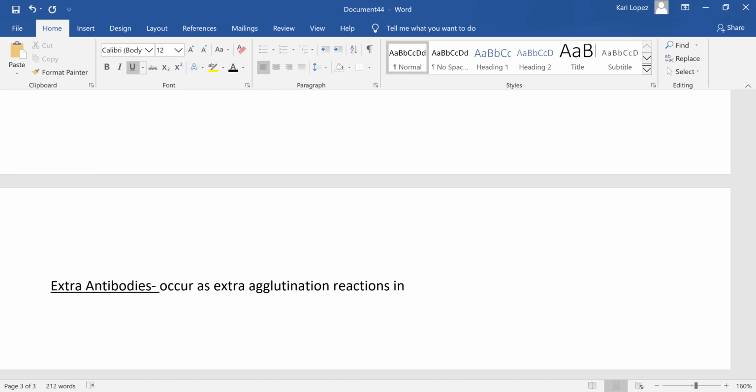Reverse, if we're talking about extra antibodies. Exactly. So it's going to occur as extra agglutination reactions in reverse testing, because reverse testing is looking for patient antibodies, whereas forward testing is looking for patient antigens on their red blood cells compared to the antibodies in their plasma or serum.